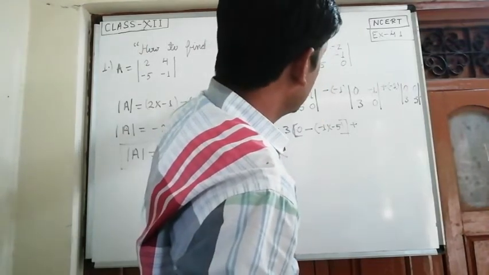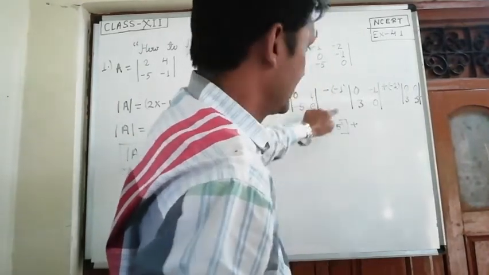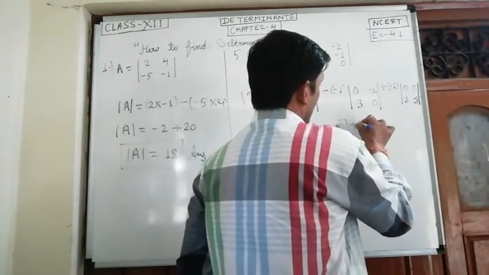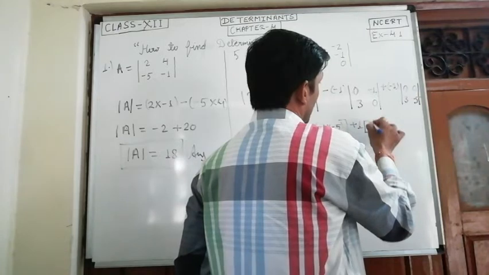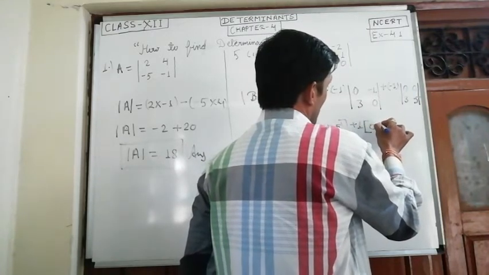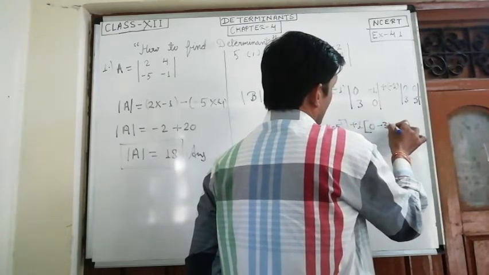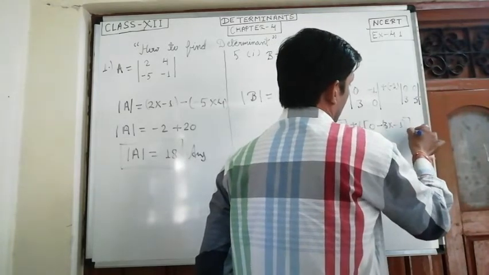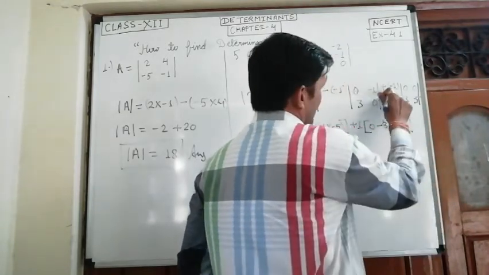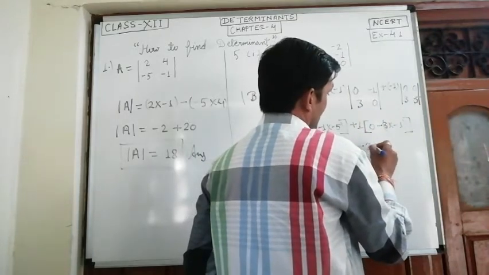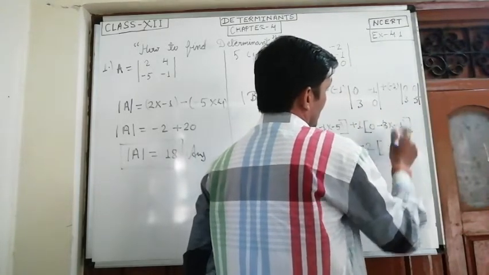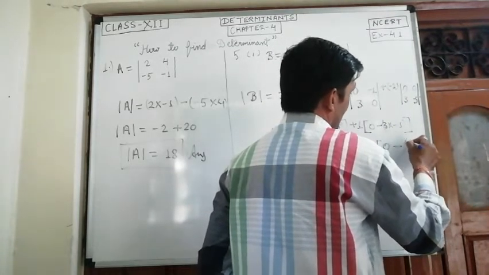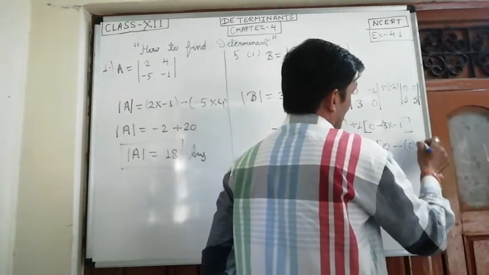So this minus and that formula minus will become plus 1 into, in bracket, 0 into 0 is 0, minus 3 into minus 1. Plus into minus, minus 2. Now 0 into minus 5, 0, minus 0 into 3, that is also 0.